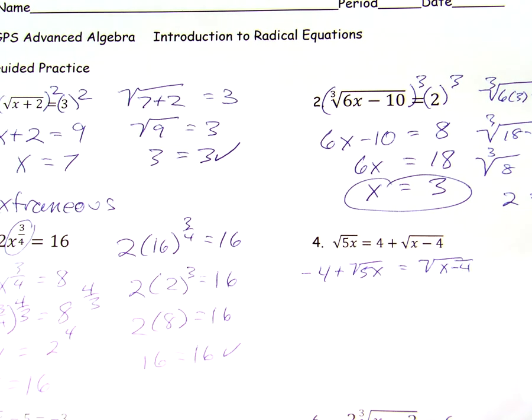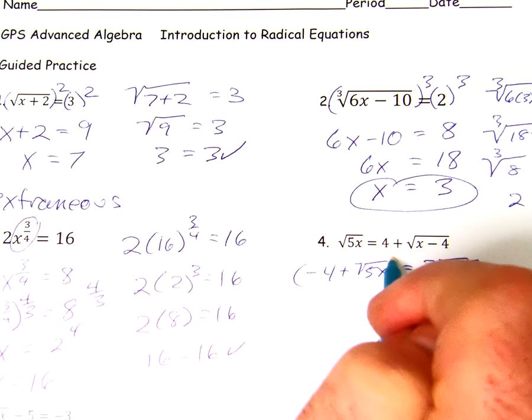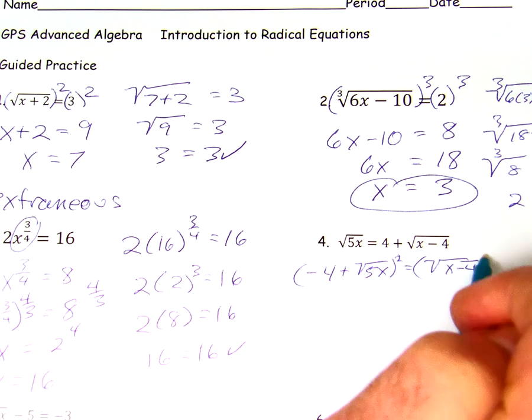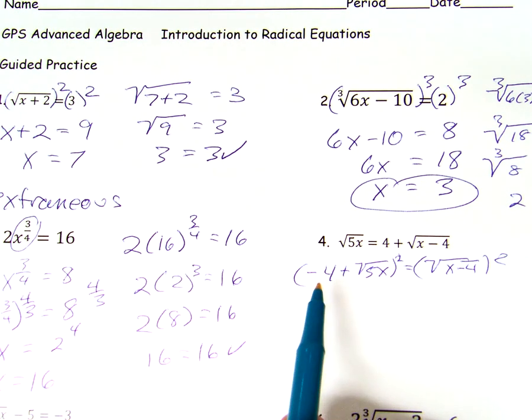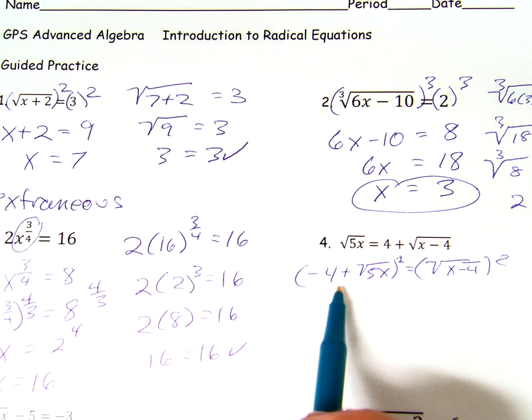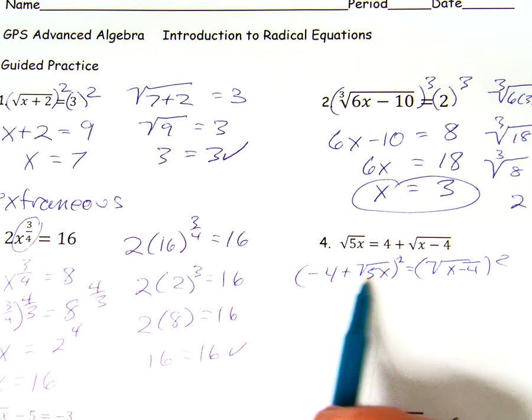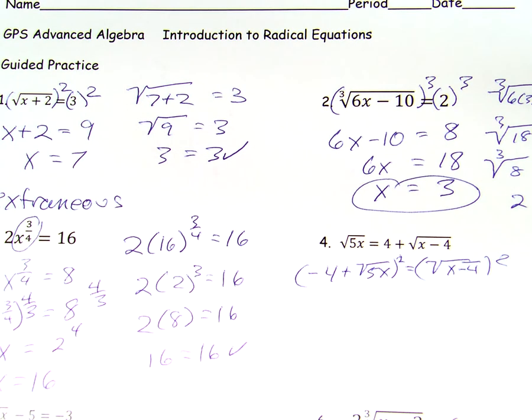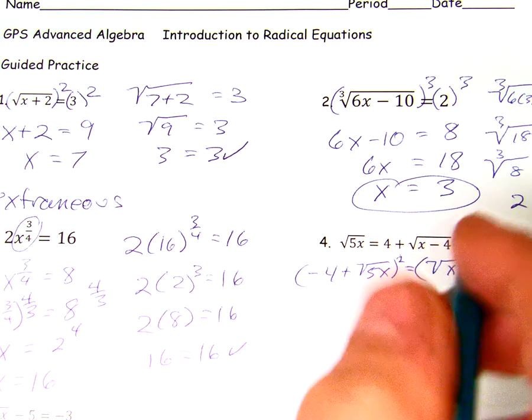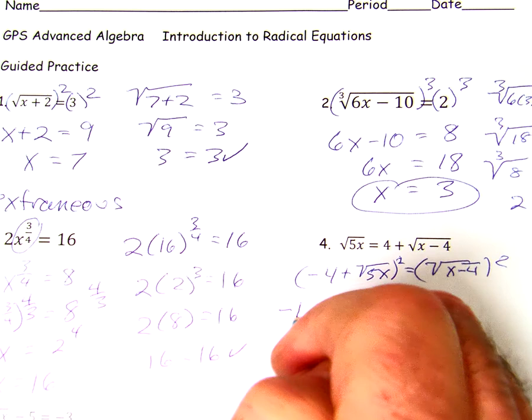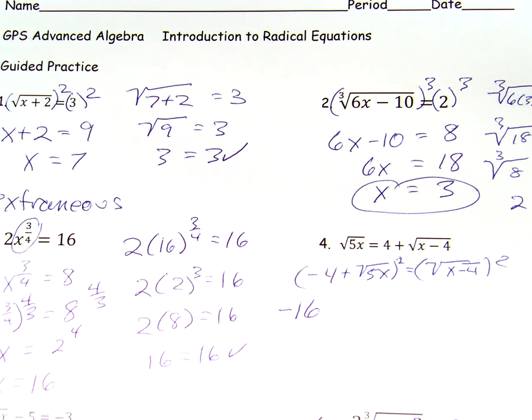So now I'm going to square both sides, and here's the trick. You've got this binomial, so you know when you square a binomial, you're not just going to end up with these elements in the parentheses. You're going to end up with a trinomial. So we have to use FOIL. And that's where you've got to brush up on your FOIL skills.